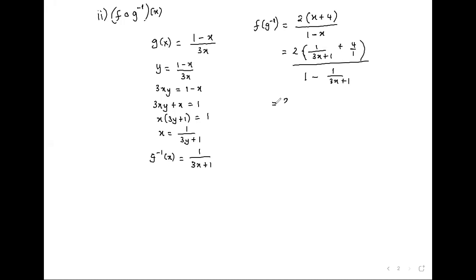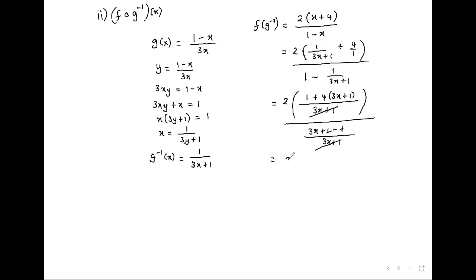So we have the 2 here, and then 3x plus 1, and then 1 plus 4 times (3x + 1), over (3x + 1), and then (3x + 1) minus 1. So again, this one and this one cancel, and the 1 and 1 will also cancel.